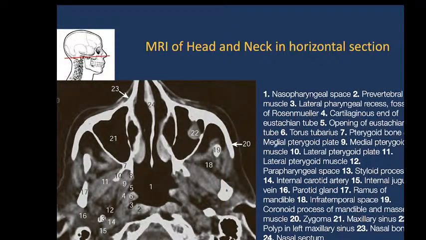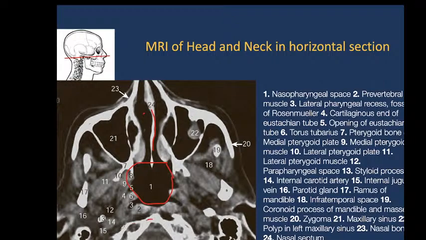MRI of head and neck in horizontal section usually show us the nasal cavity, nasopharynx cavity and nasal cavity as well. Here is the septum, and some of the bones around the pharynx.